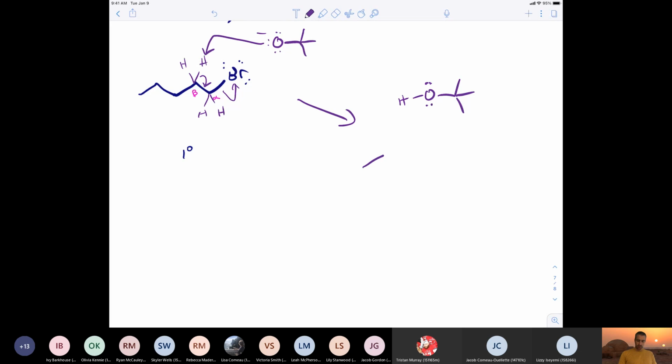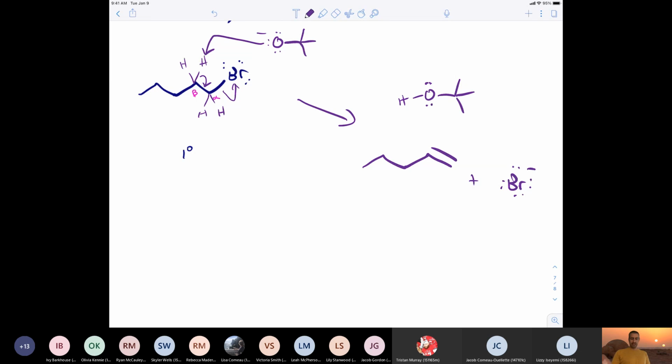And what happens now is you have this molecule like this. So this is what these alkoxides will do, is they remove a beta hydrogen. And when it removes the beta hydrogen, the leaving group leaves at the same time.